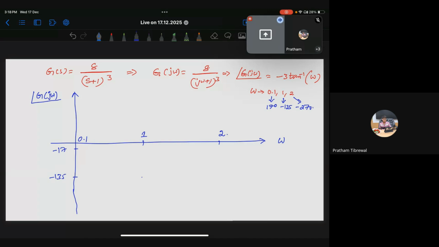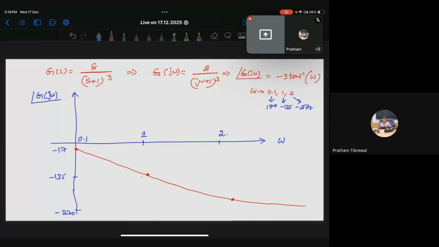Please cross verify this answer. So starting with this point, it goes to minus 135 and goes like this, somewhere here.